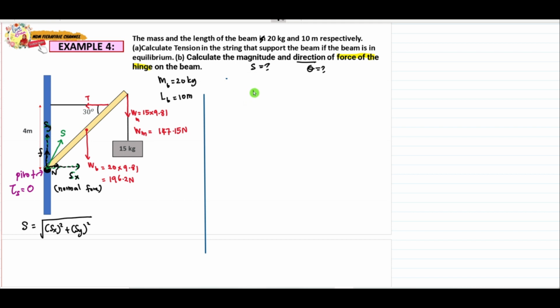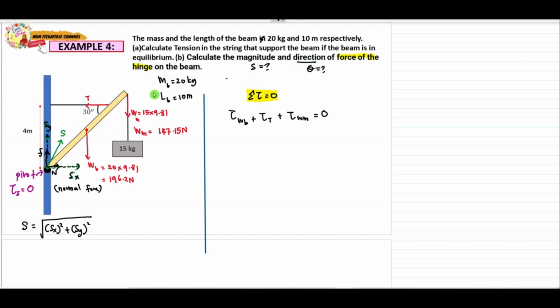We have total torque equal to 0 since the beam is in equilibrium. We have 3 forces here: WB, WM and also T. So I will write torque of WB plus torque of tension plus torque due to the weight of the mass equal to 0. Okay, look at here.